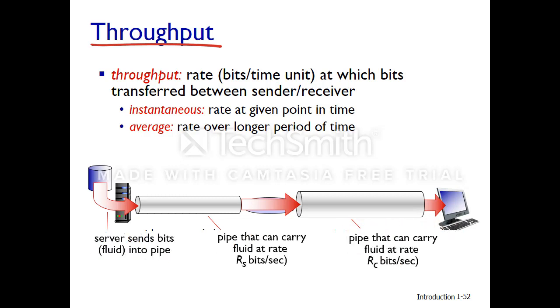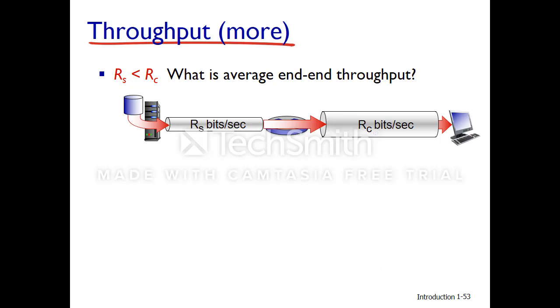Okay, so you can think of the server as sending the bits as a fluid into a pipe, and that pipe can carry traffic at some rate R_s bits per second, and the intermediate router will inject its traffic into a pipe that can carry fluid at some rate R_c bits per second. Okay, so the question we can then ask is, what is the average end-to-end throughput?